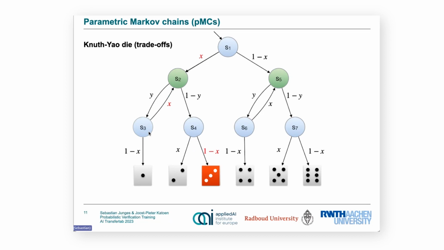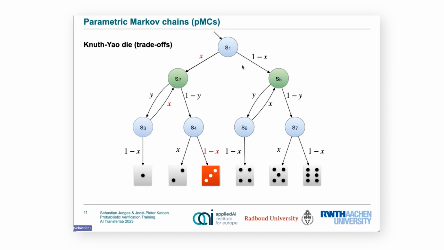So if I want to ask you, well, can you somehow maximize the probability to reach the red state in order to show that the probability to reach the red state will be above a half or something like that? You have to think a little bit, because in the first state, it's clear that you want to have x as large as possible.